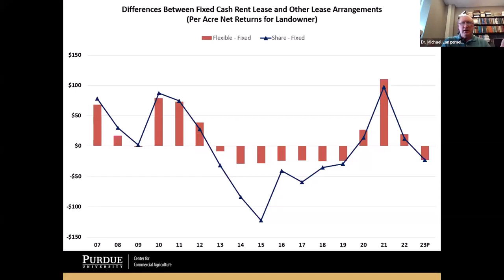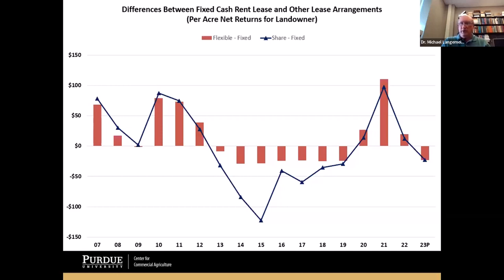And I should say, over time, the net return for these three leases is very similar. And so the average is fairly similar. But the flexible minus fixed, let's take a look at that. That's the bars. In good revenue years, 7, 10, 11, 12, the flex lease does better, just like the share lease.